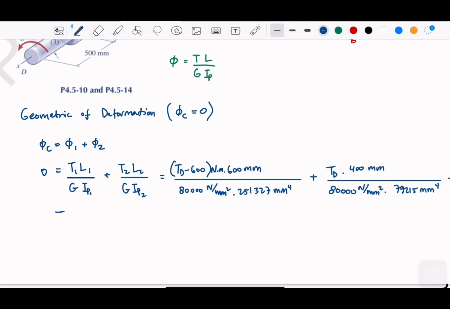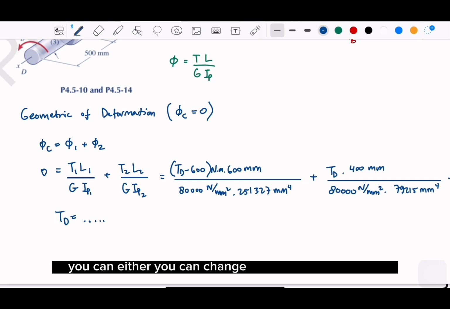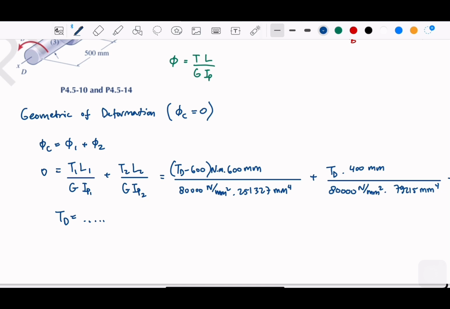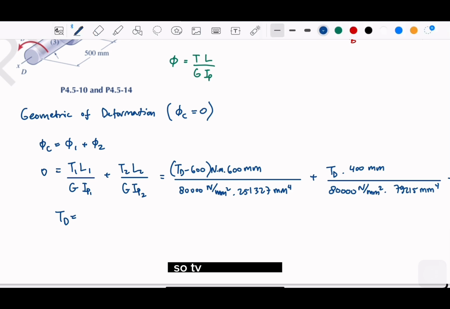So first you get TD. If you want to calculate, you can change the millimeter to meter or change the Newton meter to Newton millimeter. I will just skip the process, but I hope you can calculate this. So TD at the end is 360 Newton meter from these equations.